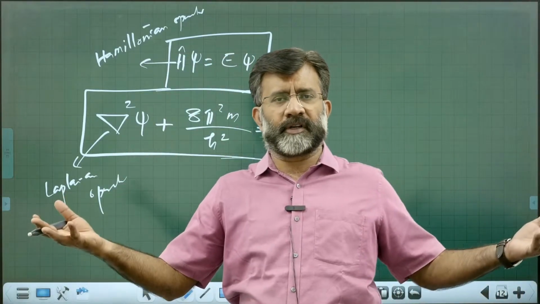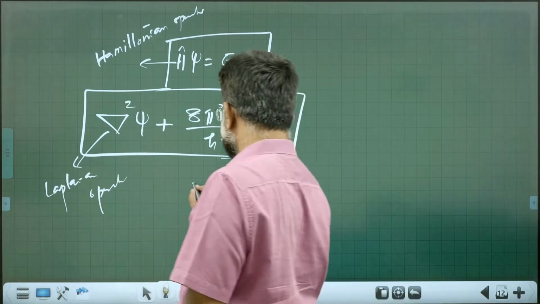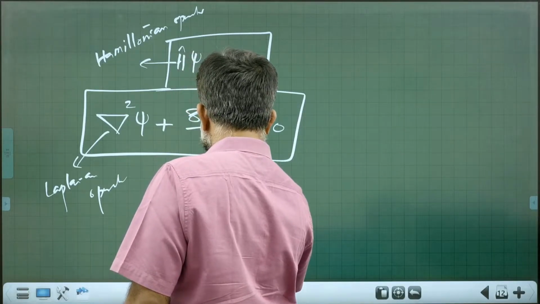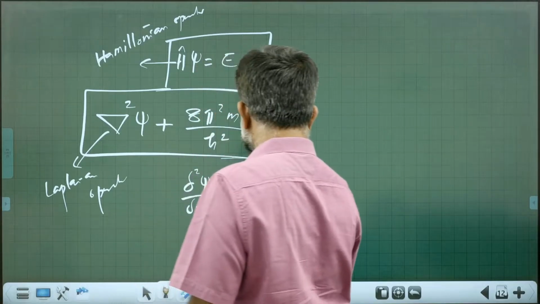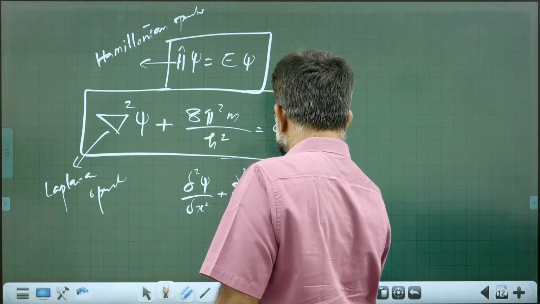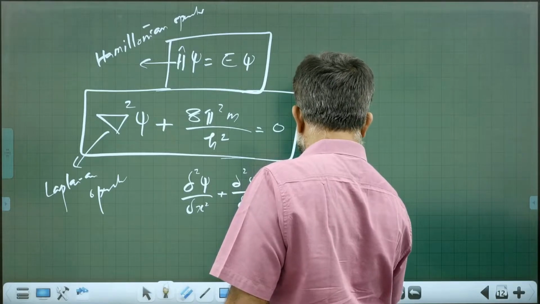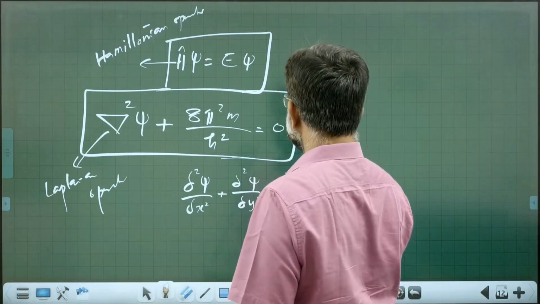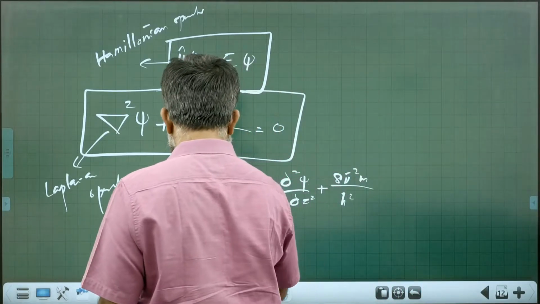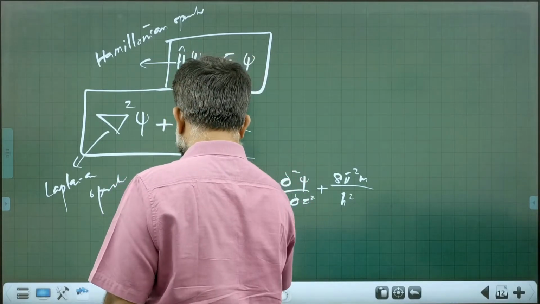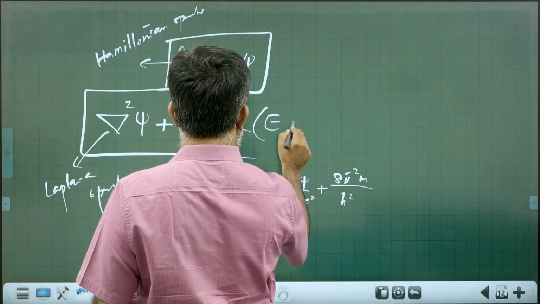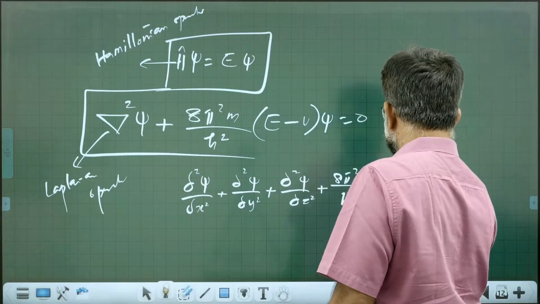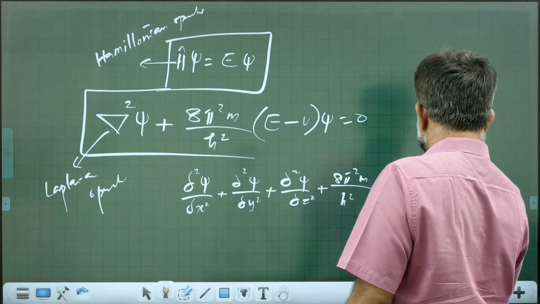Probably the expanded version of the Schrödinger equation comes like this. Dou square psi by dou x square plus dou square psi by dou y square plus dou square psi by dou z square plus 8 pi square m by h square, into E minus V into psi equal to 0.